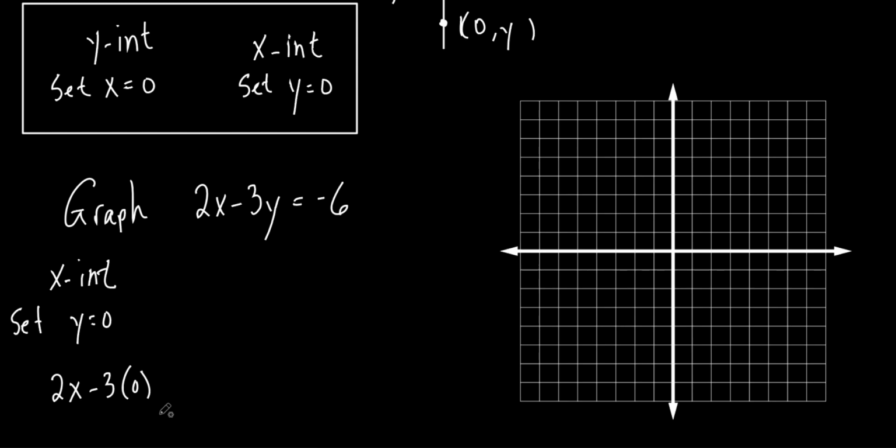But you are right, it would just be 2x minus 0. Everybody see that? So what we did, we set y equal to 0. There's y, so I stuck a 0 in for it. Well, what's 2x minus 3 times 0? What's 3 times 0? Just 0. So what's 2x equals negative 6?